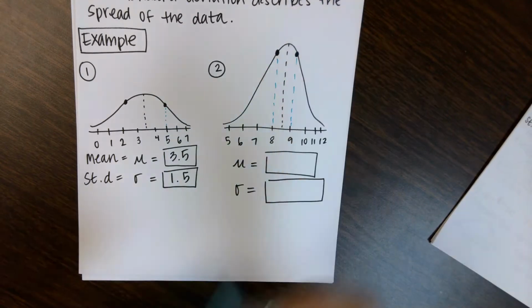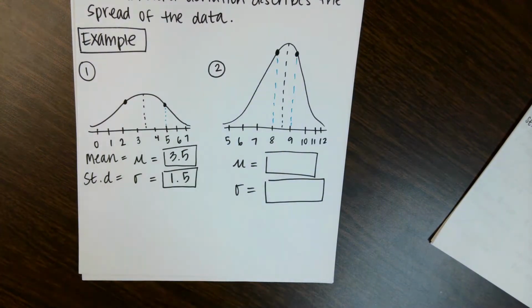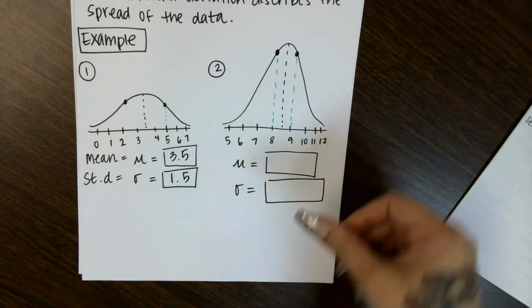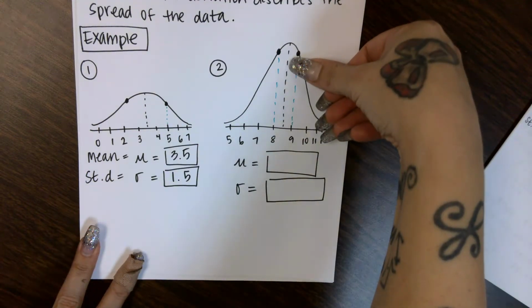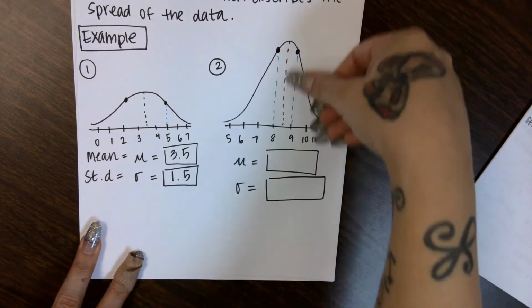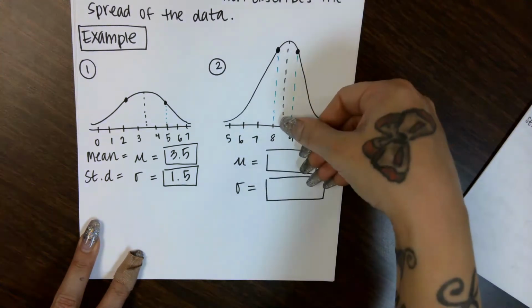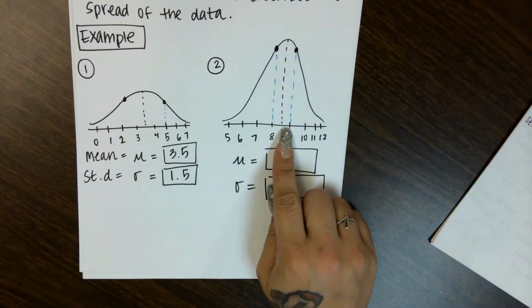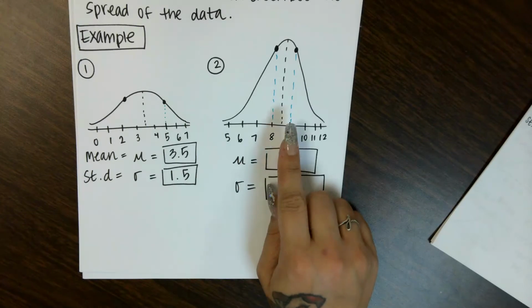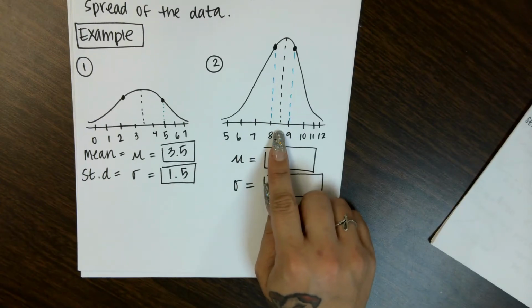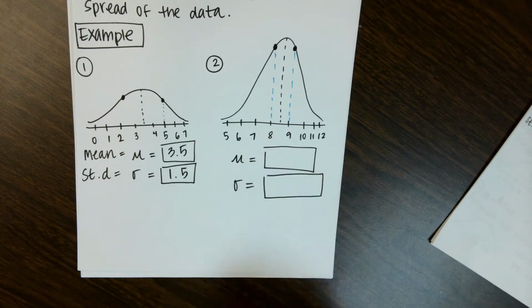That's where my bell curve changed directions. So my mean is going to be here, the line of symmetry in the center of the graph, dead center in between 8 and 9, which would mean the mean, according to this distribution, is 8.5.